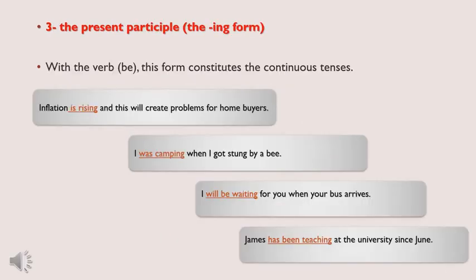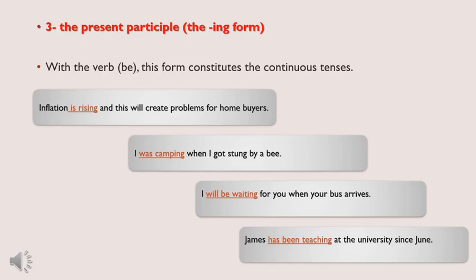The third form in the verb paradigm is called the present participle or the ing form. We can find this form in continuous tenses. The general structure of the continuous tenses is be, the verb be, plus a verb with ing.